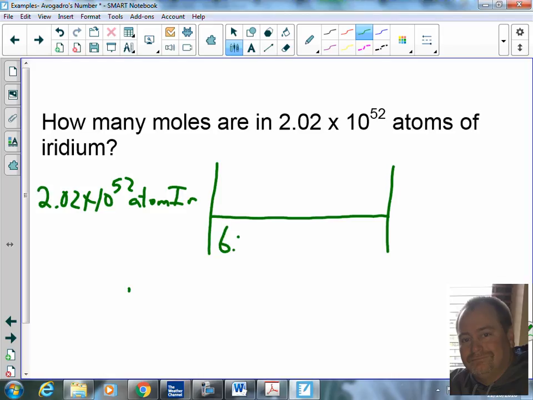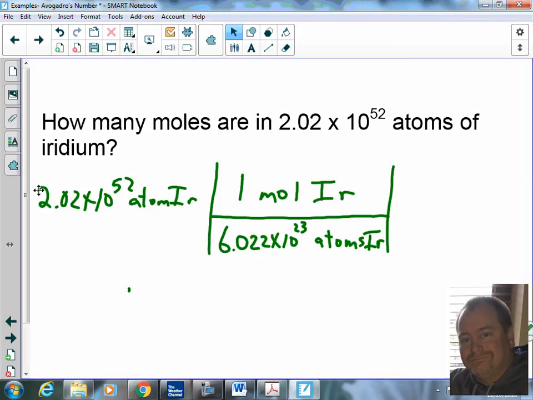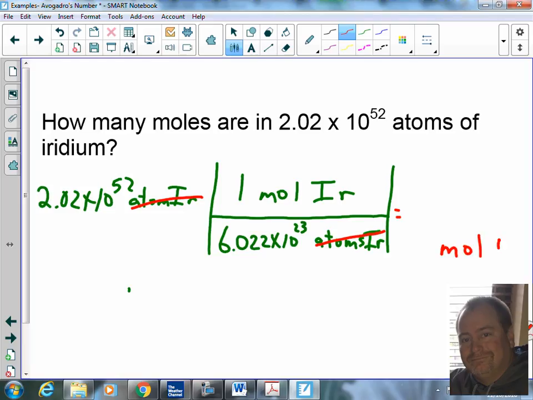Avogadro's number atoms of iridium, and on the top, 1 mole of iridium. Do I get my labels to cancel? That's one thing I always check, that I need this label to cancel that label, and it leaves me with the label mole of iridium.